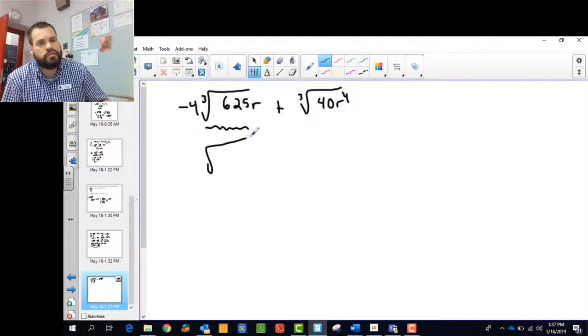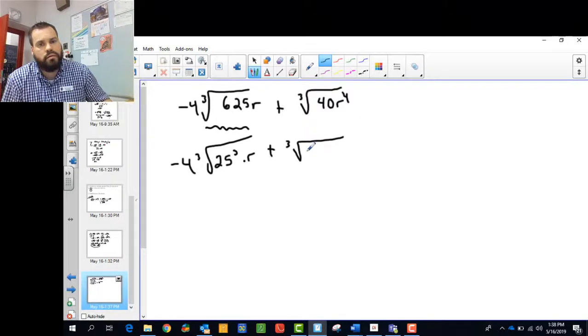So we're going to write this as the cube root of 25 cubed multiplied by r. And here, 40 has a perfect cube in it because it's multiplied as 8 times 5, and 8 is 2 cubed, and then we get r cubed and r.